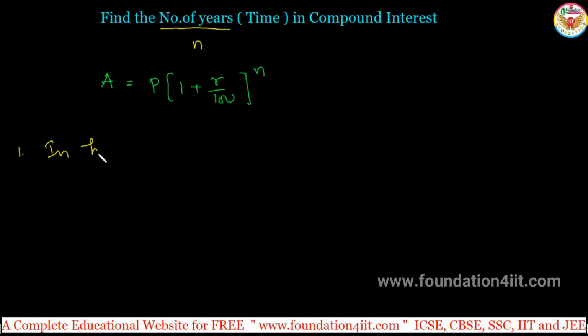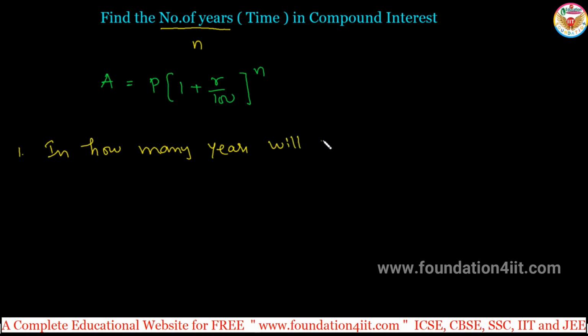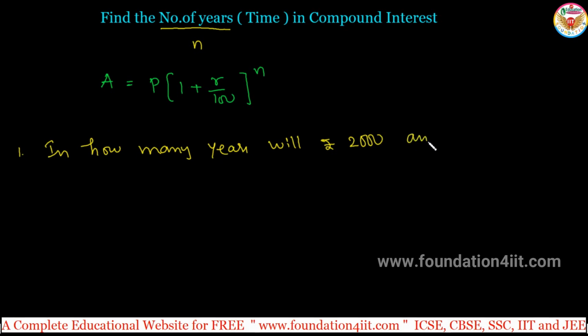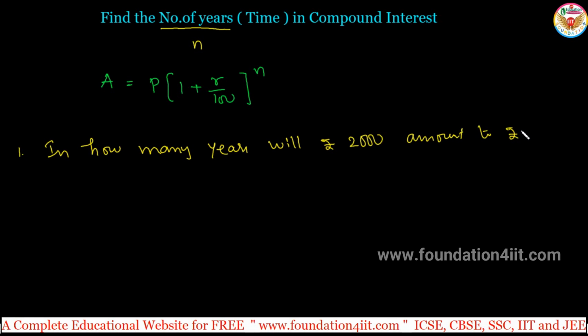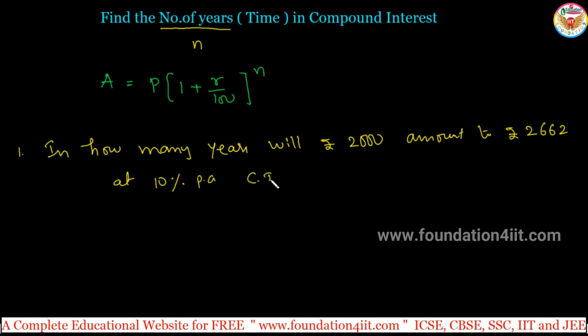The question is: in how many years will rupees 2000 amount to rupees 2662 at 10% per annum compound interest?